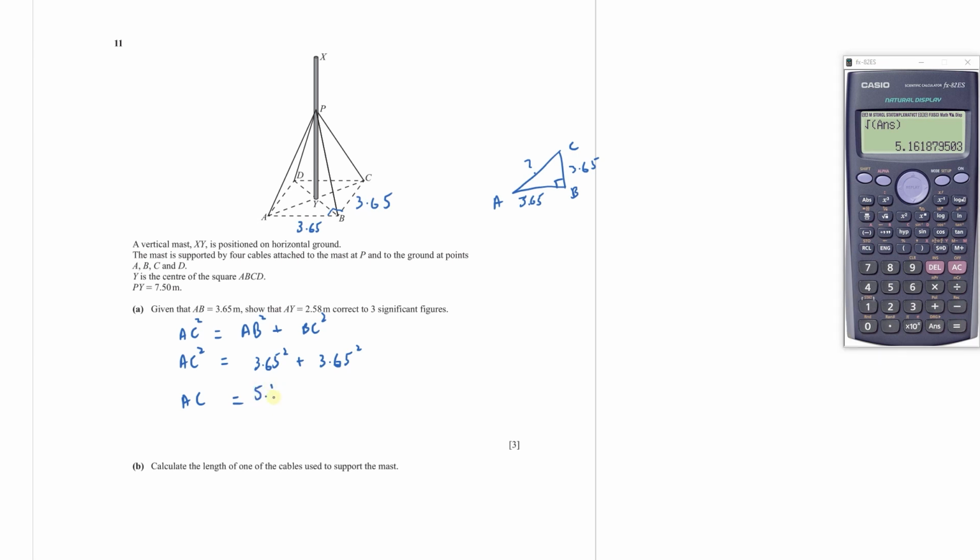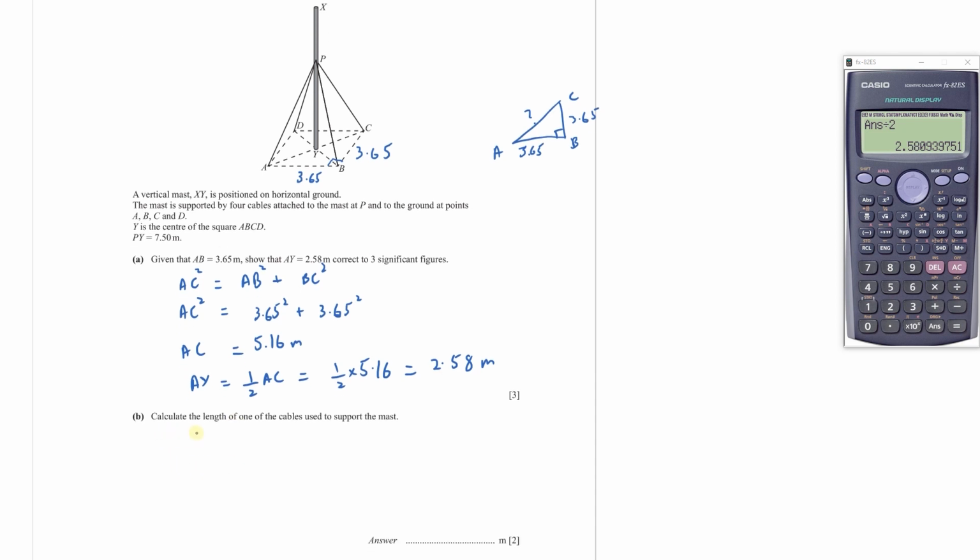So this is 5.16 meters, and then AY is simply half of AC. So this is 1 by 2 into 5.16, divided by 2, 2.58. So you've shown that up to three significant figures, AY is 2.58 meters.